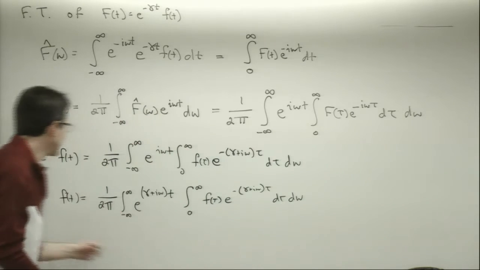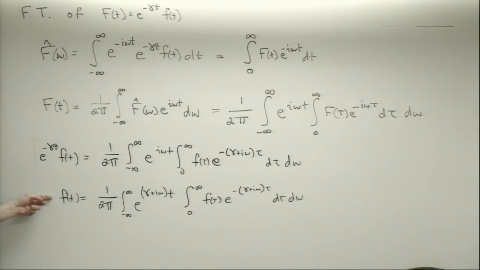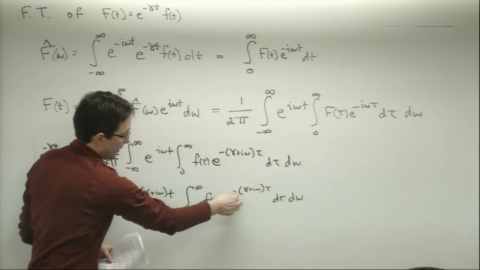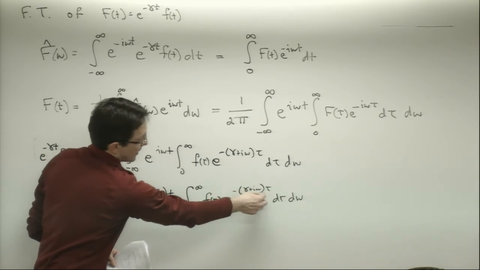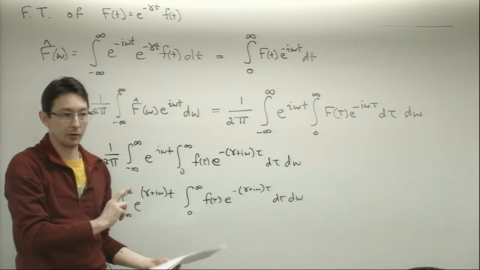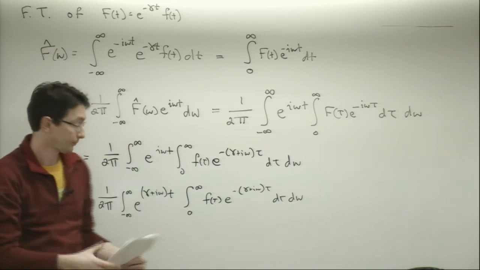Okay, good. So this is looking strikingly like a Fourier transform pair, except instead of e to the i omega t, I have e to the gamma plus i omega t. So i omega has been replaced by gamma plus i omega.